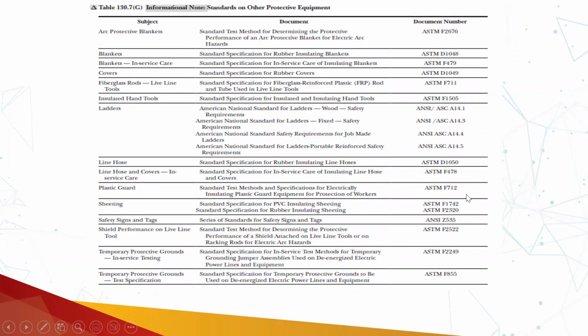We can look at ASTM F712. For ladders, what type of ANSI standard is being used, and other things. You don't have to remember anything because you will have the original standard with you in the exam. So you just have to mark it here.